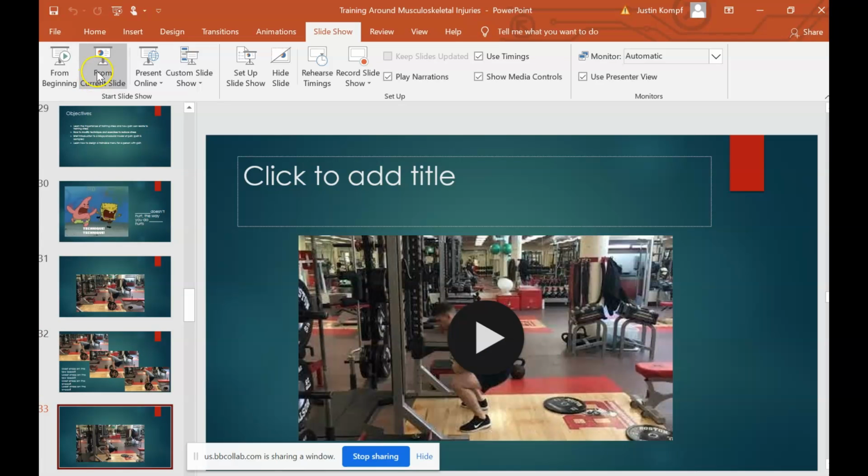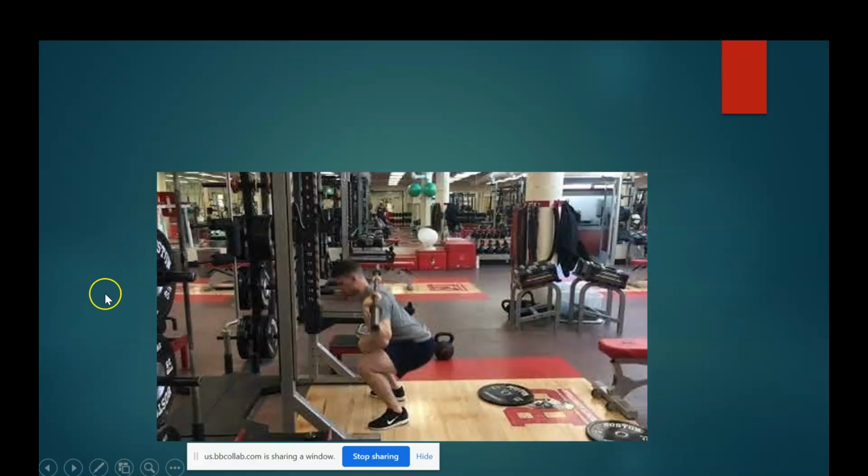Now I'm going to show you some variations of a squat, and then we'll ask similar questions.